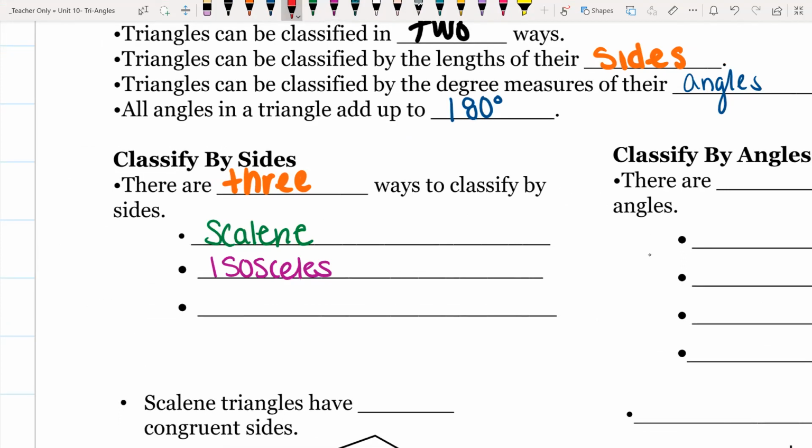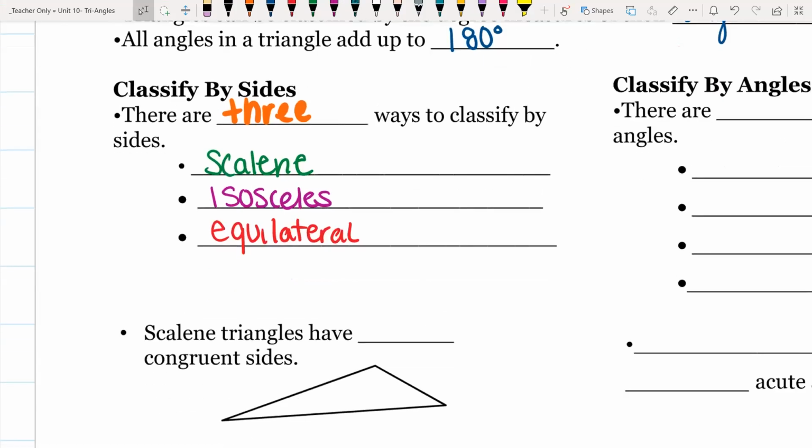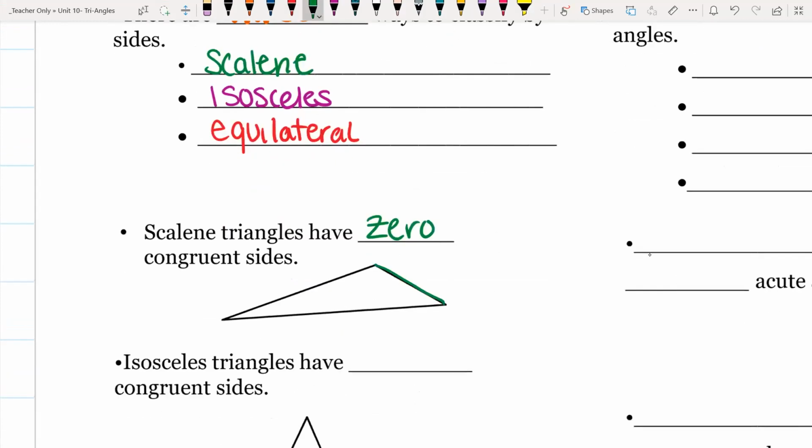And lastly, an equilateral triangle. Scalene triangles have zero congruent sides. So that means all of their lengths are different numbers.